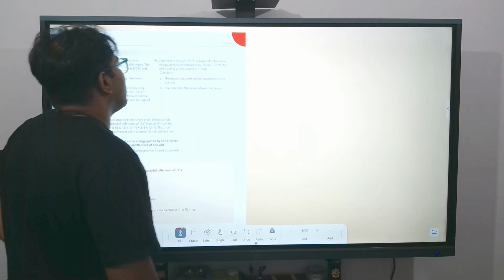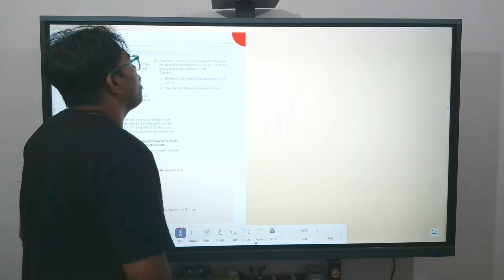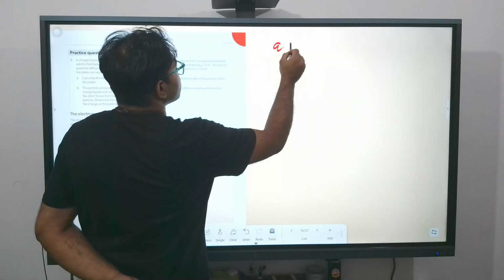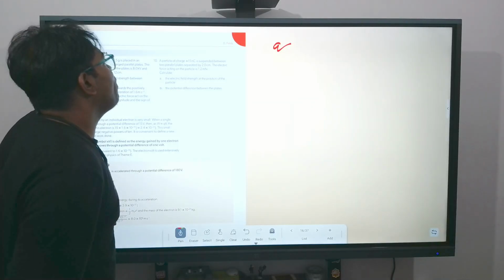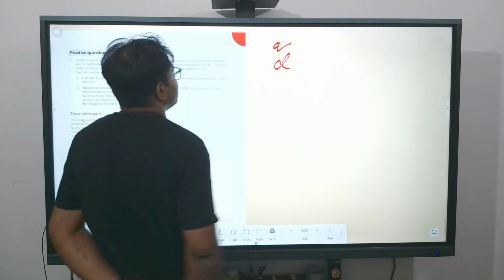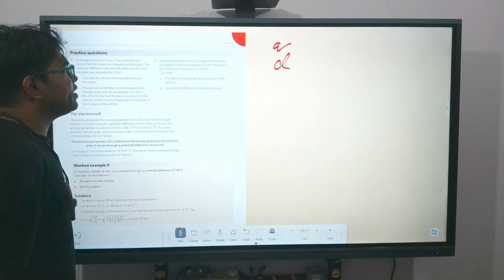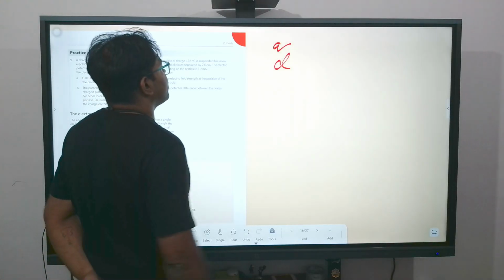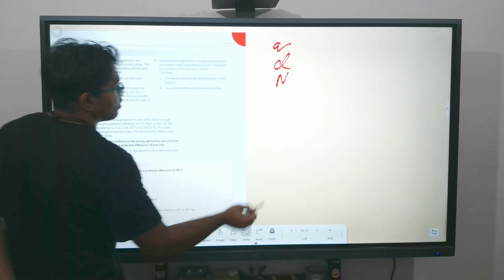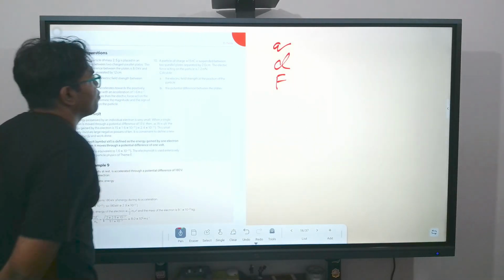Okay, a particle of charge plus 15 nanocoulombs between two parallel plates separated by a distance of 2 centimeters. We know the value of d. The electric force acting on the particle is given, so we know the force also.